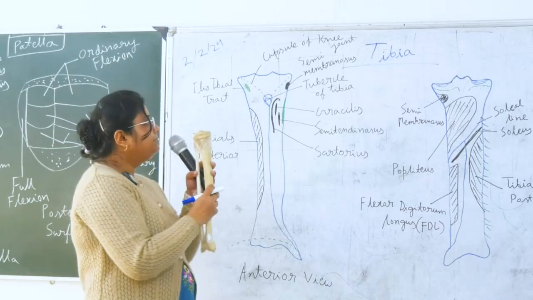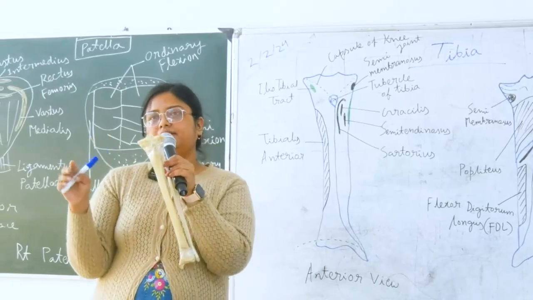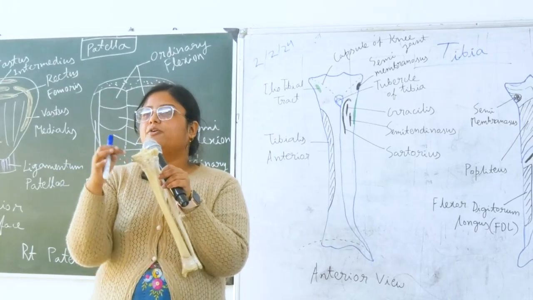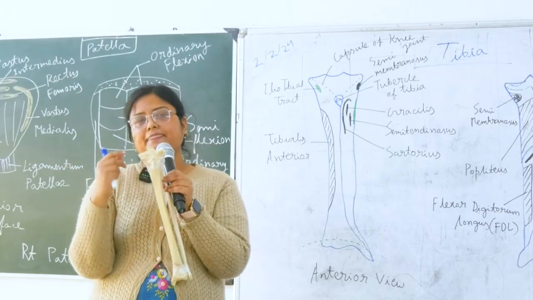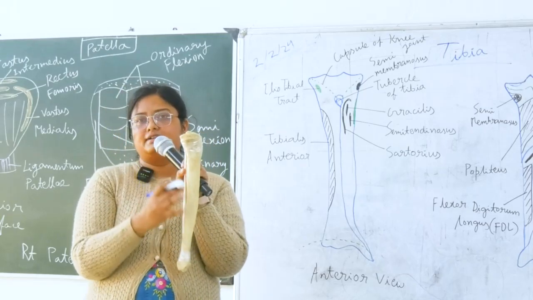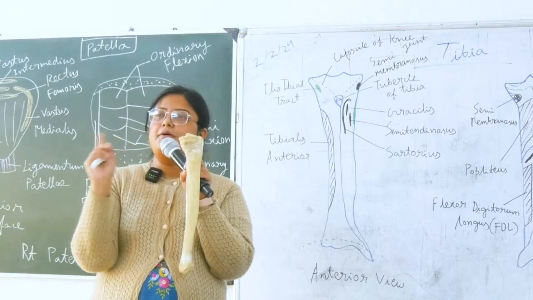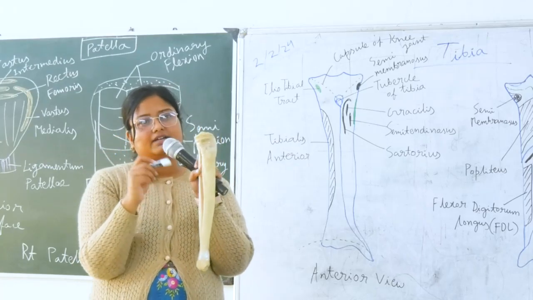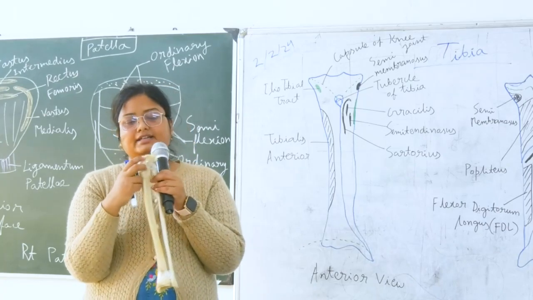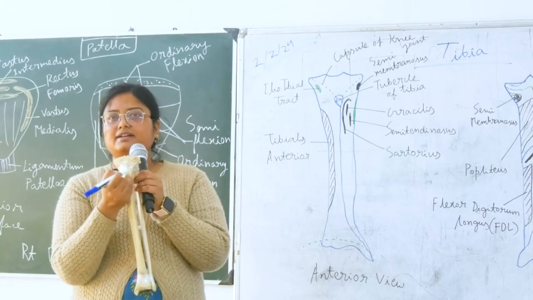Now, attachment of the capsular ligament of the knee joint is important. It is attached along the peripheral margins of the condyles of the tibia, except it is deficient at two regions. In the posterior part of the intercondylar area, it is deficient due to presence of the popliteus tendon posteriorly over the posterior aspect of the lateral condyle, and anteriorly the attachment extends downward up to the tibial tuberosity.